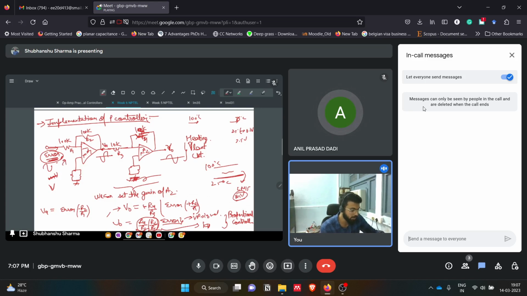If our circuit can measure this millivolt range easily, then it is fine. But if it is a very small value, then we'll have to increase the gain. So it will all depend on the heating plant requirements.